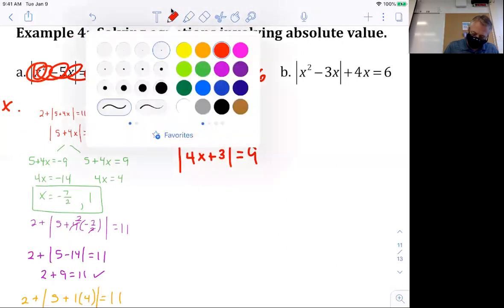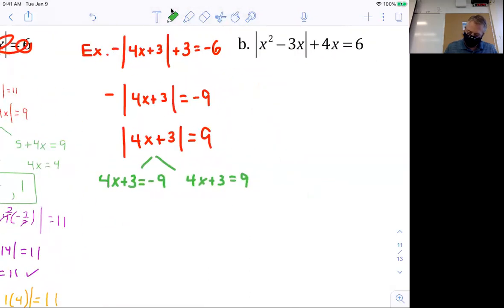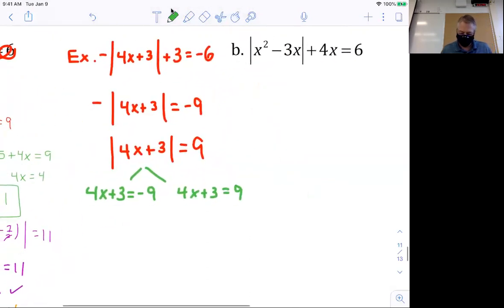So I have 4x plus 3 is equal to negative 9, and 4x plus 3 is equal to positive 9. And then we want to solve both of those to get our 2 answers.